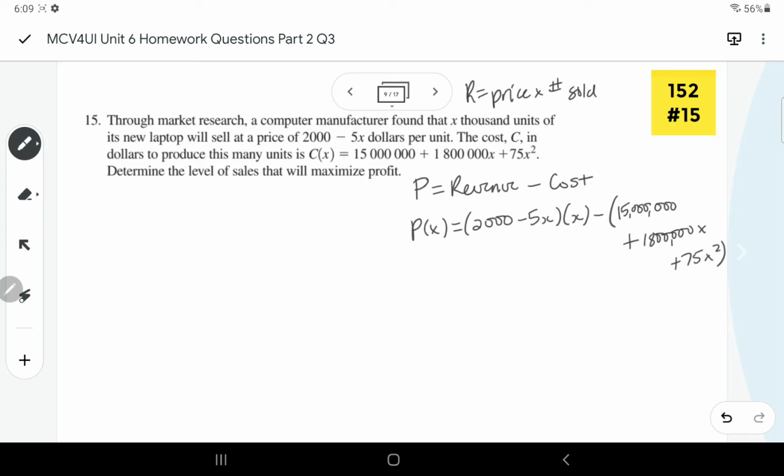So that's my function for my profit. And this would be negative 5x squared plus 2,000x minus 15 million.